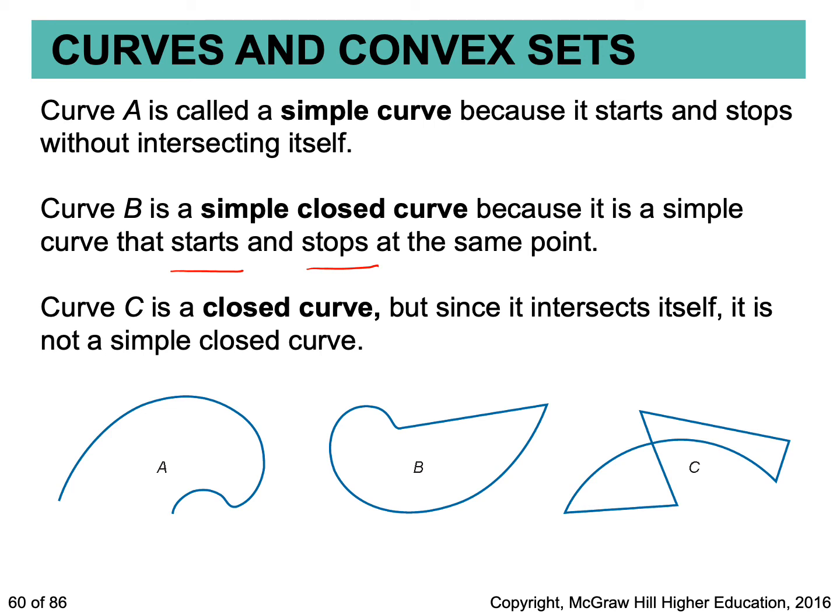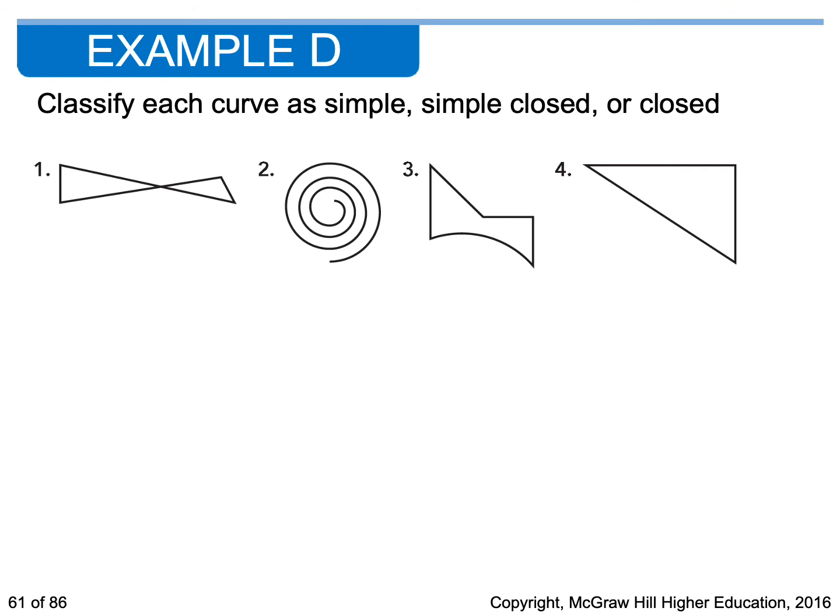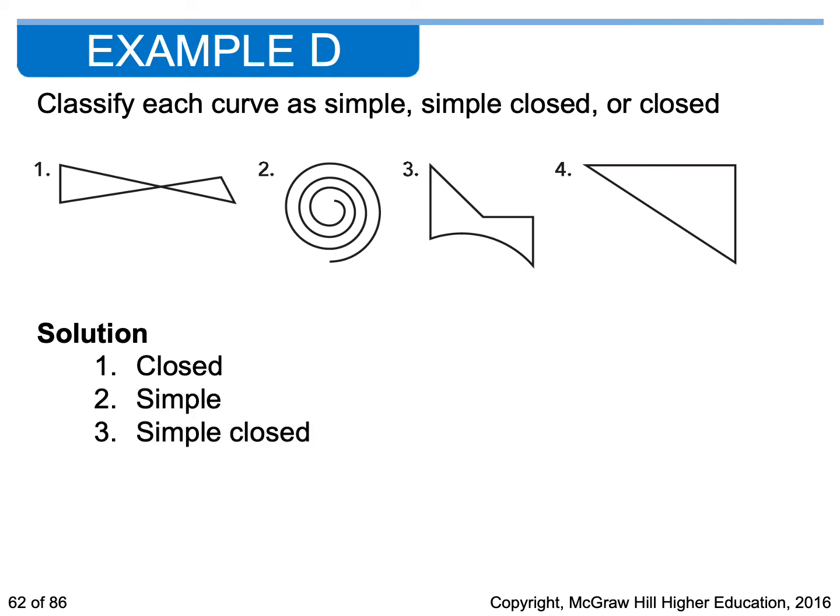C is closed, but it's not simple because it's intersecting itself. And so you're classifying each of these as simple, simple closed, or closed. So 1 is closed, 2 is simple, 3 is simple closed, as well as 4.